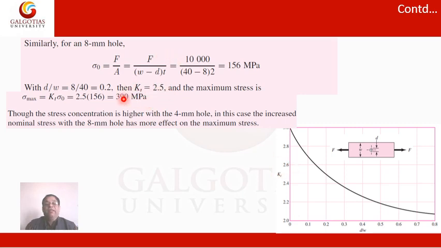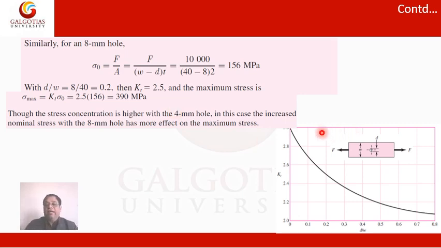You multiply this factor 2.5 with the 156, and that will give you the maximum stress produced around the 8 mm hole, that is 390. So though the stress concentration factor is higher with the 4 mm hole, the increase in nominal stress with the 8 mm hole has more effect on the maximum stress. So the 8 mm hole has more chances of crack.